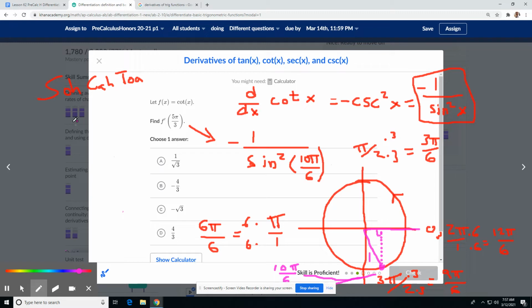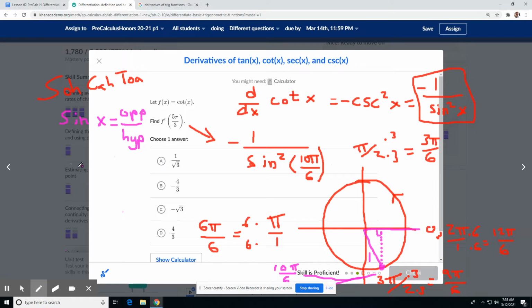All right. Sine of x is going to be equal to opposite over hypotenuse. All right. So let's see. It's been a while since I've done one of these. So looking at my reference angle, 10 pi over 6. All right.